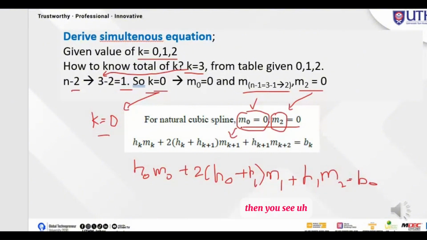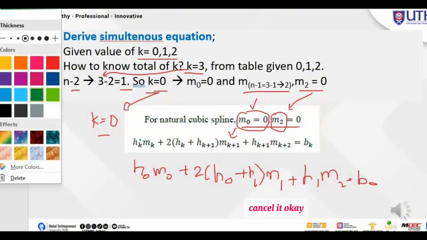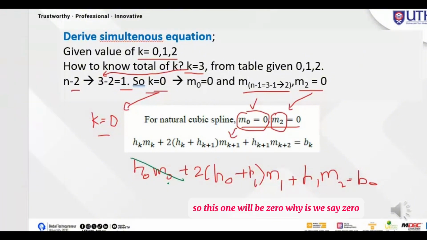Then you see how many M0 here? We have M0 is 0, so you can cancel it. So this one will be 0. Why we say 0? Because M0 is 0. And then what else we can find?